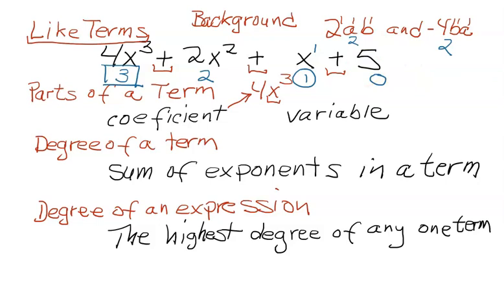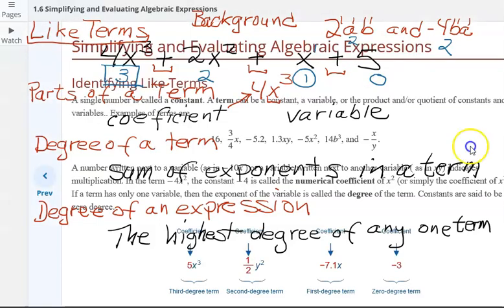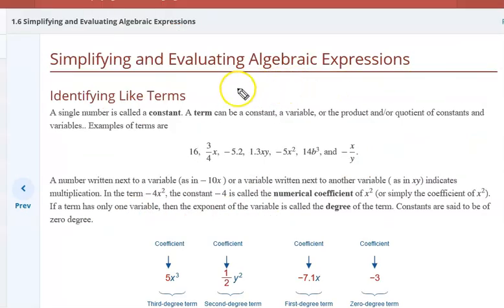Okay, we're going to go back now to our whiteboard. Now, if you saw an expression that looked like this, negative x to the fourth minus x to the second, let's say, this would be two terms. What would be the numerical coefficient of this term?